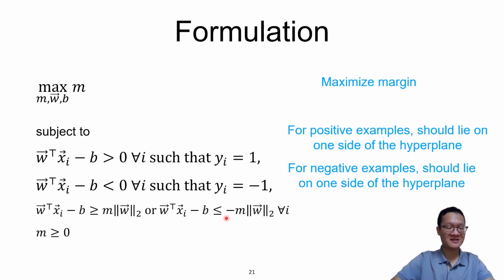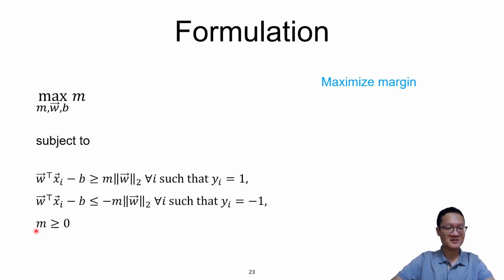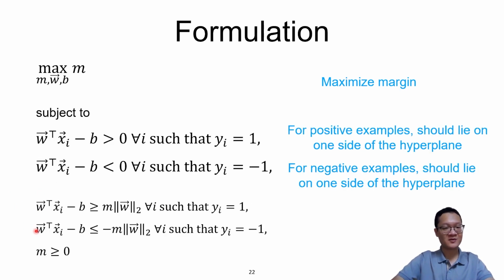So we can naturally split this into two cases again: one case with yi equals 1, the other case with yi equals -1. So now, the first and the third constraints and the second and the fourth constraints look very similar, and they become redundant, so we can combine them. We can simply remove the first two constraints because they are already covered by the next two.